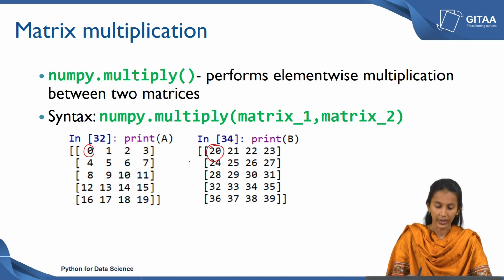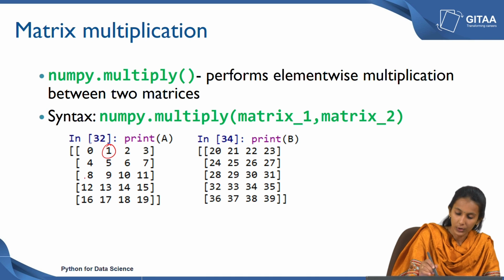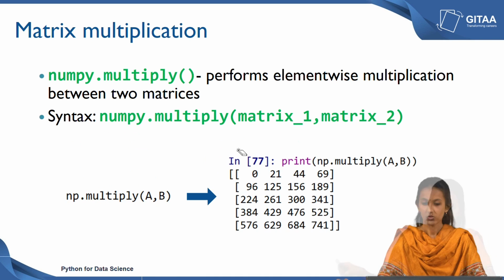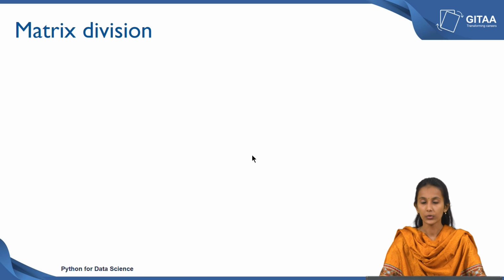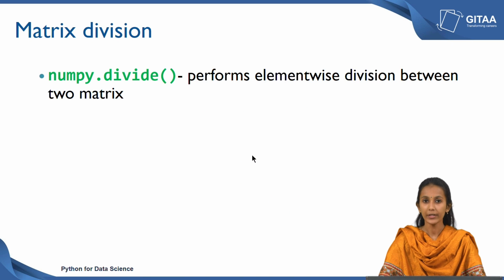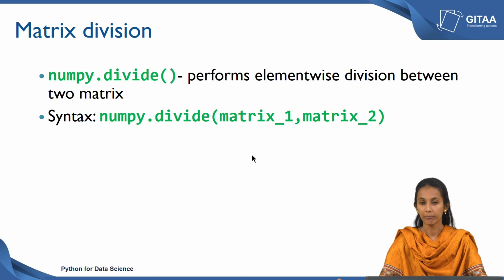So 0 into 20, then it will be 1 into 21. So you will be getting an output like this: 0, 21, 44, 69 and so on. Let's see how to do the matrix division. Numpy.divide performs the element wise division between the two matrices. So the syntax is numpy.divide.